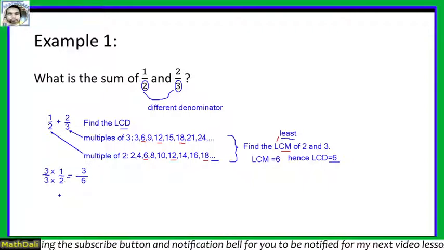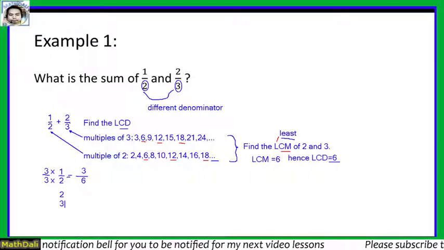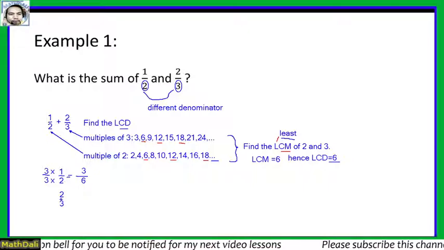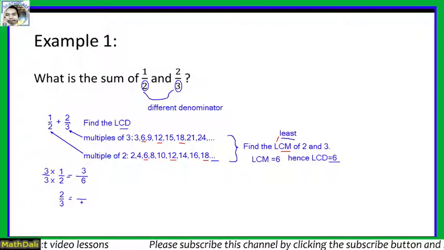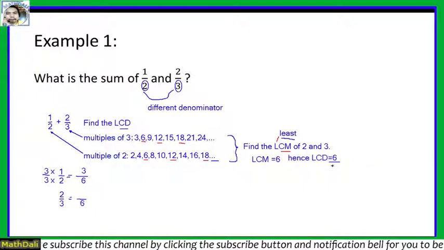So, lagyan natin dito yung ating 2/3 fraction. We have 2/3. Kukunin natin yung equivalent fraction nitong 2/3. So, syempre, kailangan ang denominator natin dyan ay 6. Ang ating LCD ay 6.